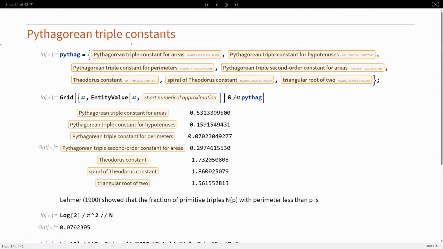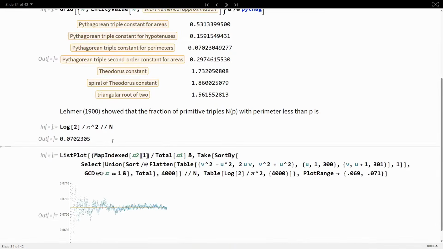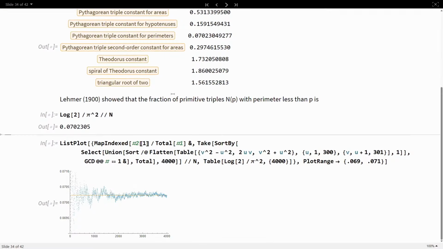Pythagorean triple constants. These deal with Pythagorean triples, and Lehmer showed that the fraction of primitive triples with a perimeter less than p is this value here. And we can plot that out here, and you can see that it is going to that constant as we run this code.